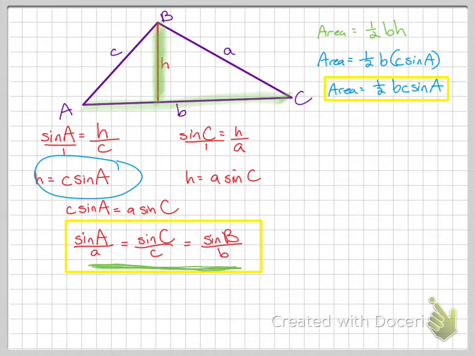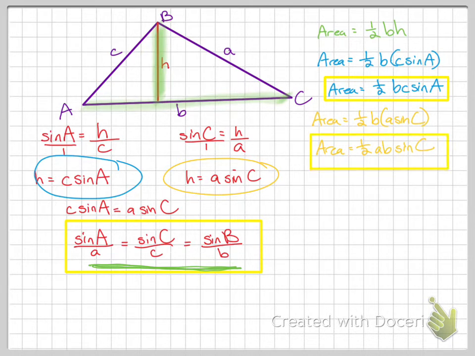Because you had a whole other h formula down there. So I also could have replaced it with our other h equation. So also area is equal to 1/2 b, and now I'm replacing h with a sine c. And if I move things around and get rid of the weird parentheses, we like our variables in alphabetical order, right? So that's 1/2 a b sine c. That's another way I could find the area of the same triangle.